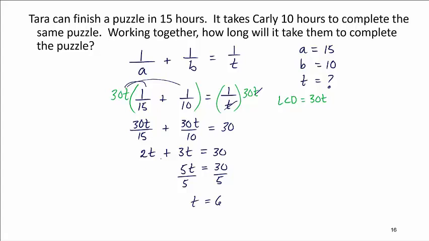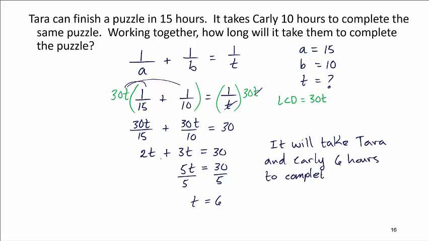So it will take Tara and Carly 6 hours to complete the puzzle working together.